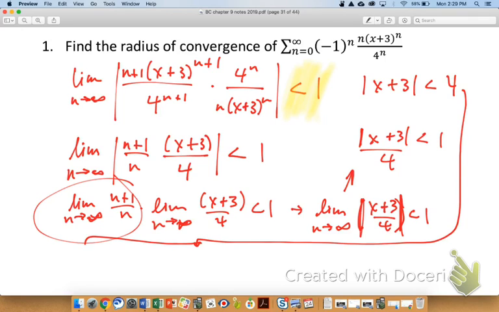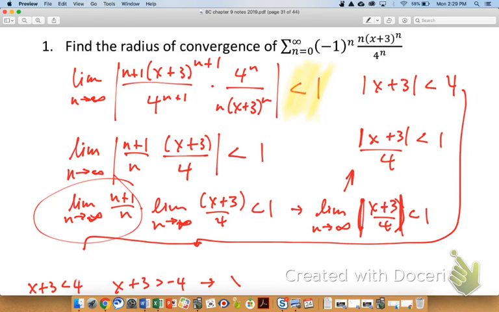I'll come all the way over here. Do you remember how to solve absolute values? It's two equations. So it'd be x plus 3 is less than 4, and x plus 3 is greater than negative 4. So that would give you, boy, I wrote that in a terrible spot. There we go.